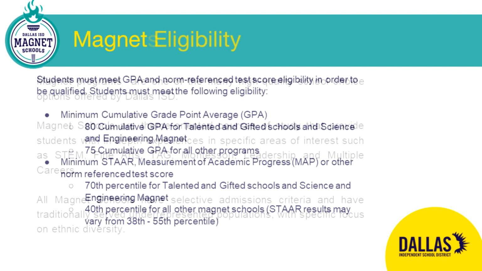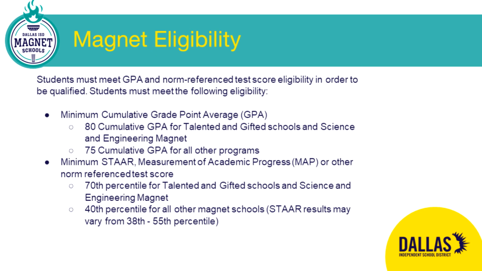Again, what makes magnet programs a little bit different is that applicants must meet a specific GPA and norm reference test score in order to be eligible for that program. If you are applying to a TAG school, a student must meet a GPA of 80 or above, and 75 or above for all other programs.